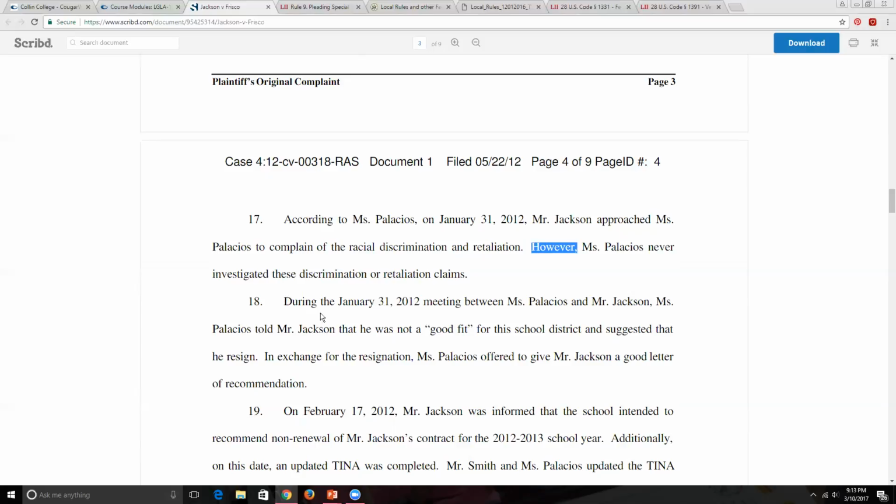Number 18, during the January 31st, 2012 meeting, and of course here we're missing the comma. This is a really common comma to miss. You always need to have some punctuation when you have the month, date, comma, year. Even though this is acting as an adjective in front of our noun meeting, we still have to have the comma there.